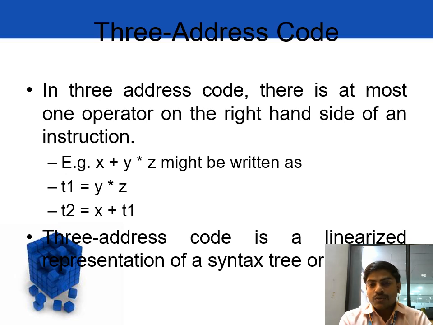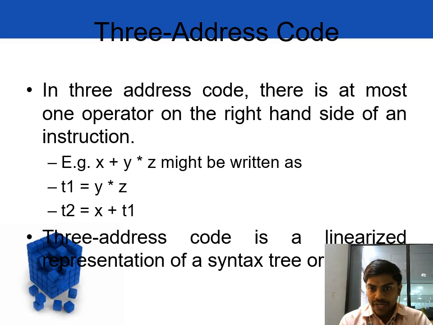What is three address code? As we understood from the very first topic of phases of compilers, three address code is an intermediate language which contains exactly three addresses and two operators. Actually, it should be one, in addition to the regular operation performed, it has the assignment operation by default.